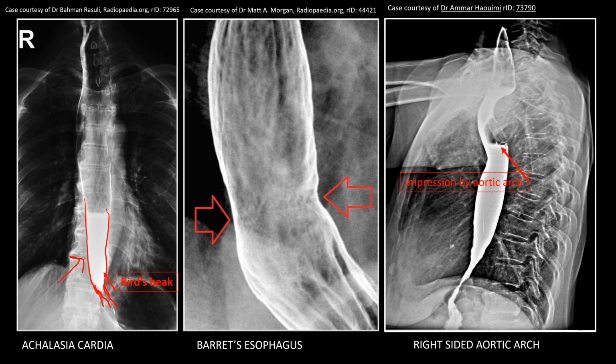In the second image, we can see the dilated gastroesophageal junction. This condition is known as Barrett's esophagus. In the third image, we can see the constricted part of the esophagus. This is because of the right aortic arch.